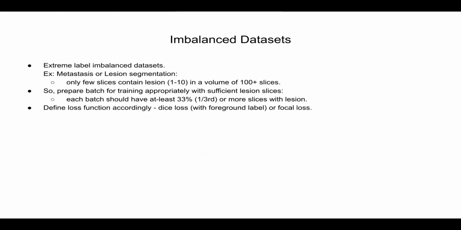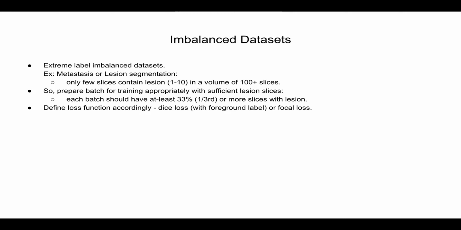And lastly, we also see a lot of imbalanced data sets in medical images. For example, one could be metastasis or lesion segmentation, where in the brain volume there are hundreds of slices, but you have lesions occurring only in very few slices, like a single-digit number.